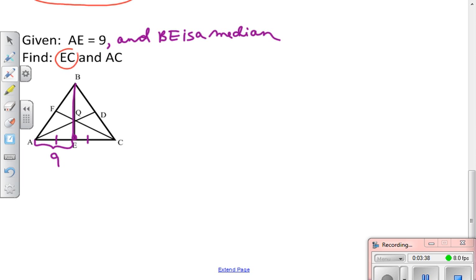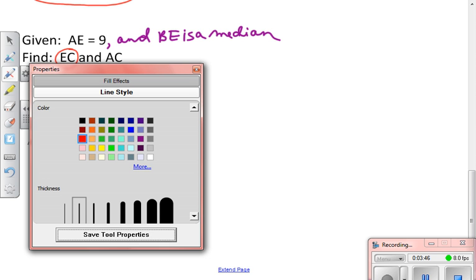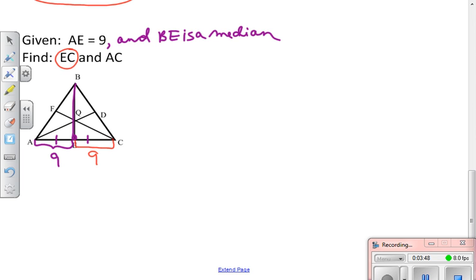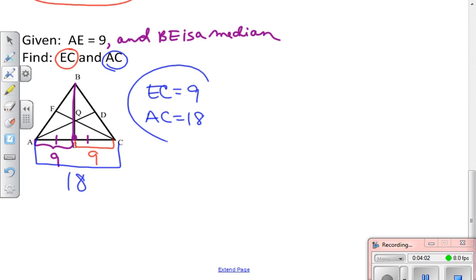And I want to find EC. Well, that's easy. They're the same, the notation. That's 9. And I want to find AC. Well, by parts to whole, AC is 18. So EC is 9 and AC is 18.